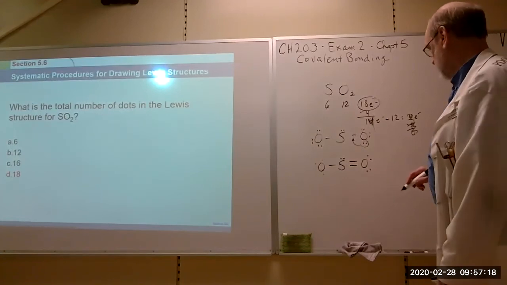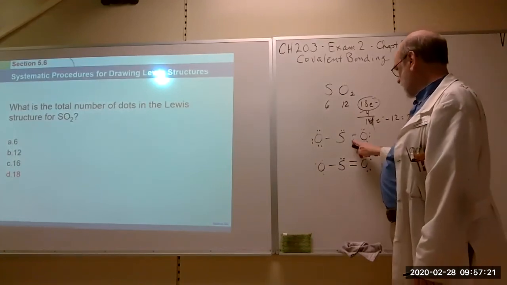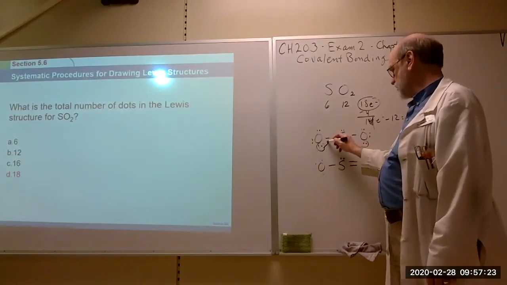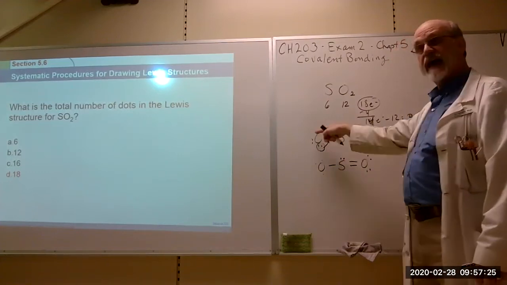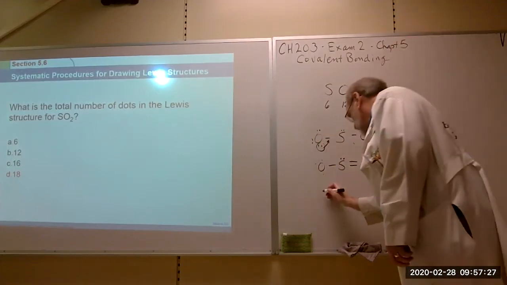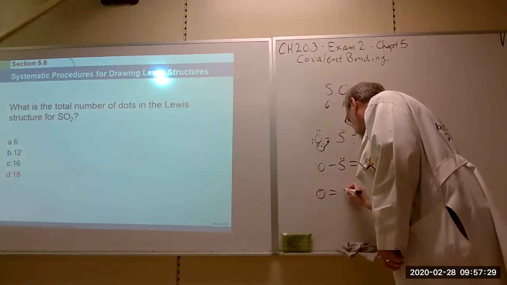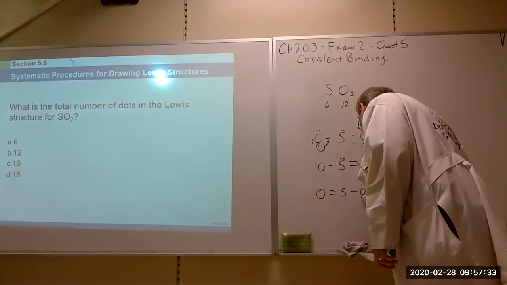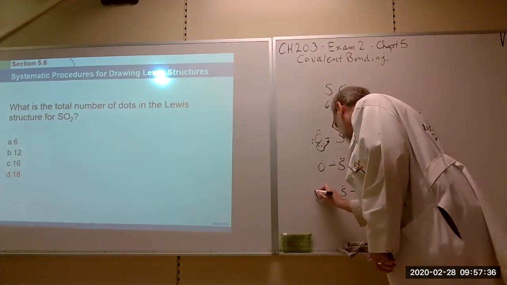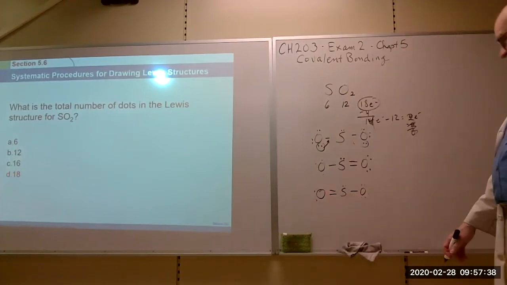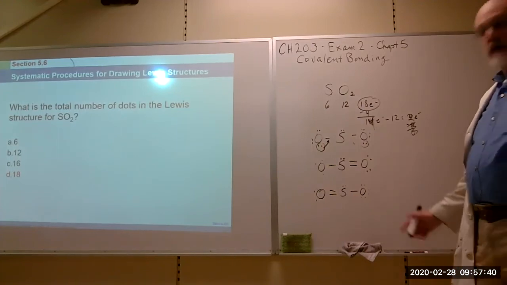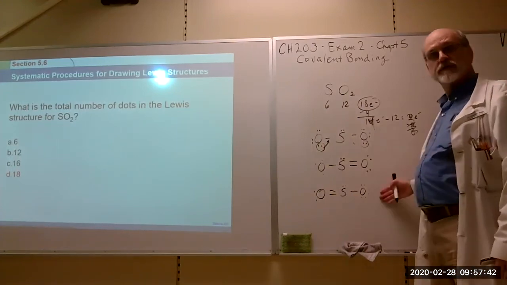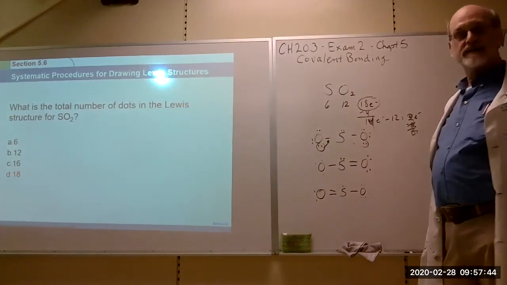But notice, what if instead of going like that, we did this side? Because these are unique atoms, right? So this structure is just as valid. So either one of these is a valid Lewis dot structure for sulfur dioxide.